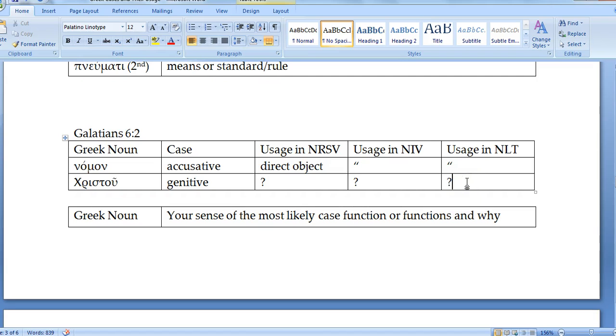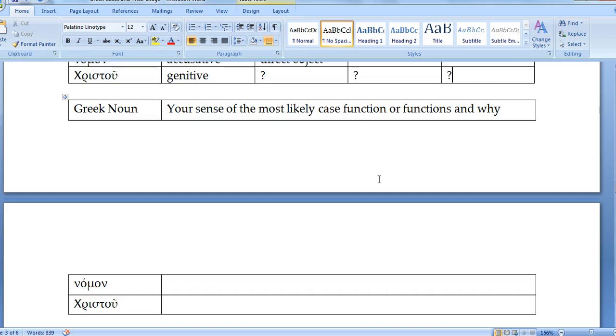What does law of Christ mean? So I suggest in my handbook that we might think about this as a genitive of source. The law that comes from Christ, the law that Christ gave.